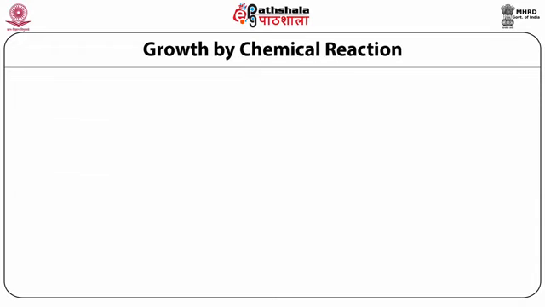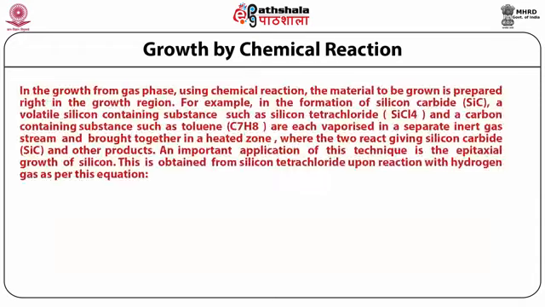Next is growth by chemical reaction. In the growth from gas phase, using chemical reaction, the material to be grown is prepared right in the growth region.